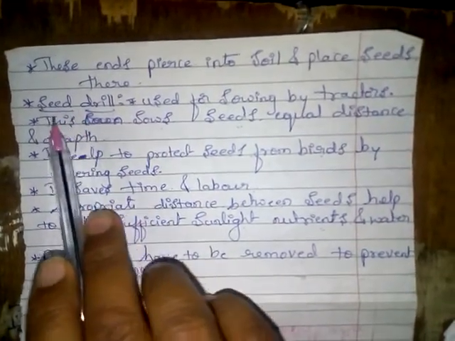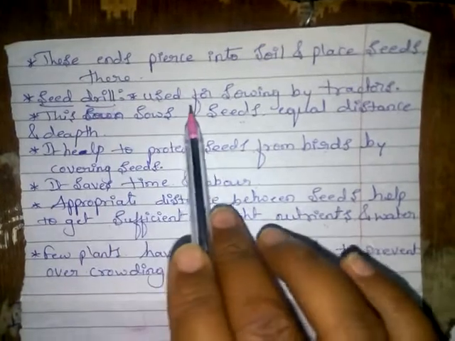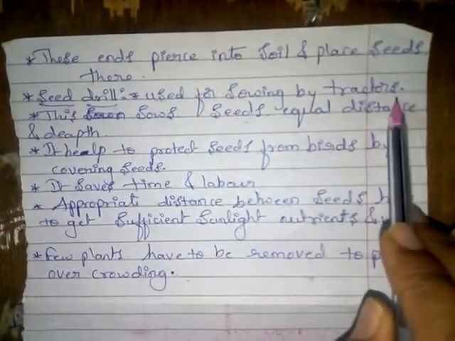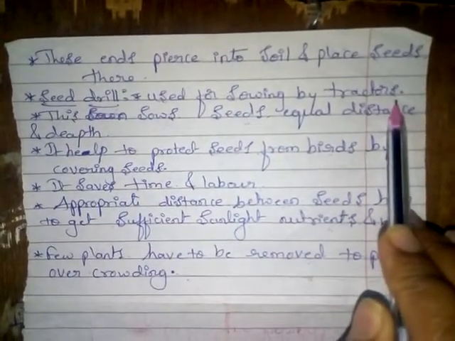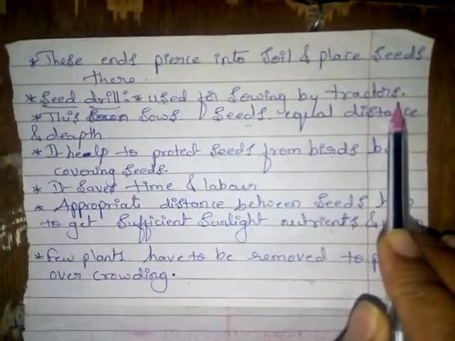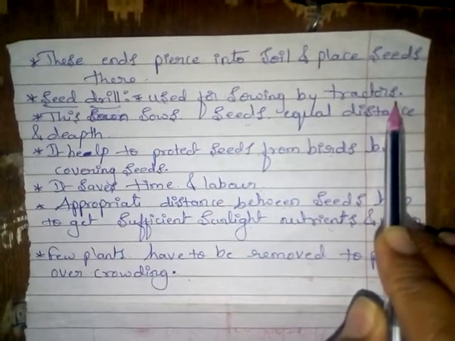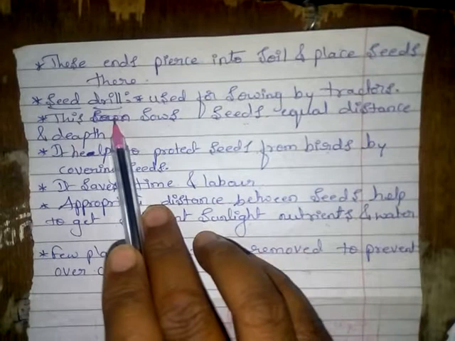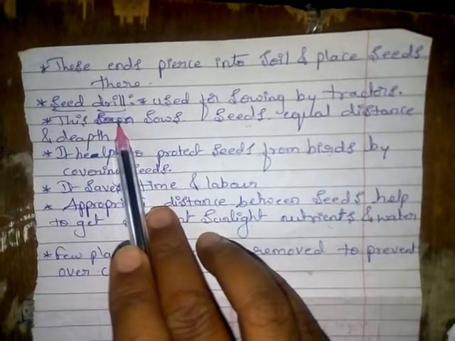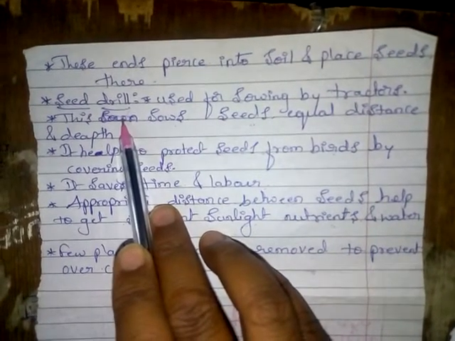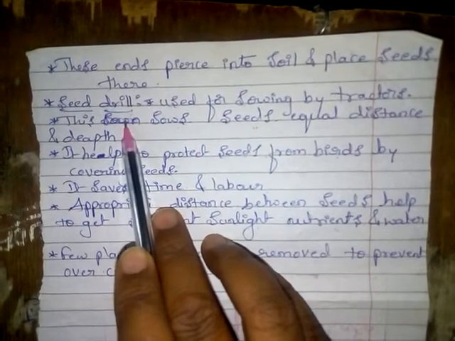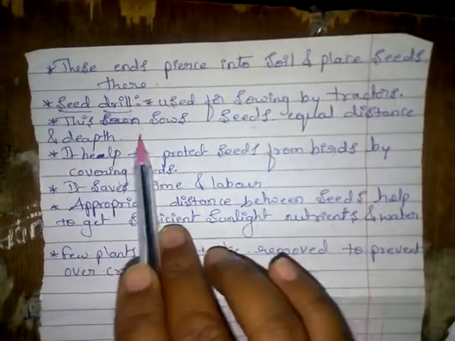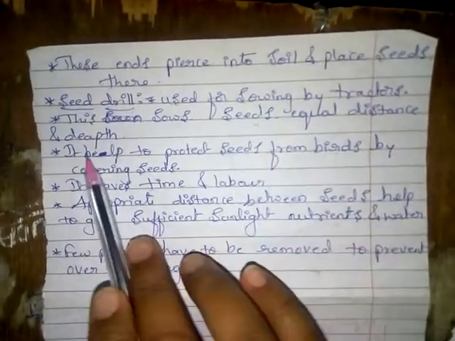Next, the seed drill used for sowing by tractors. What type of tractors are we using nowadays? For these tractors, we use the seed drill for farming in the agricultural land. This sows the seeds at equal distance and depth.